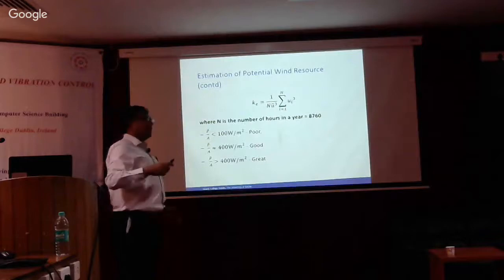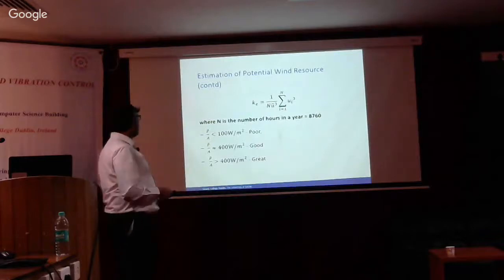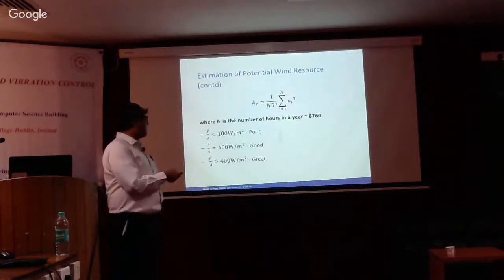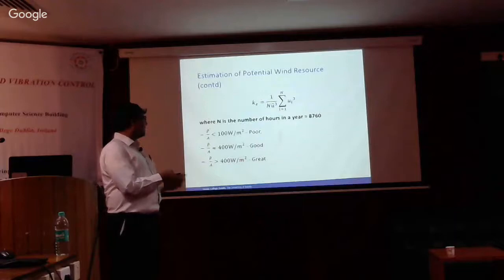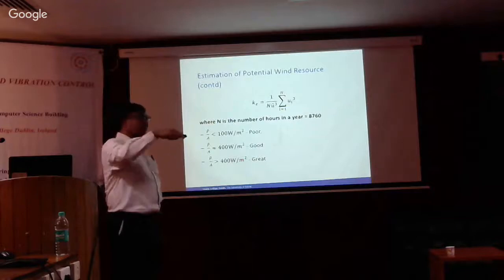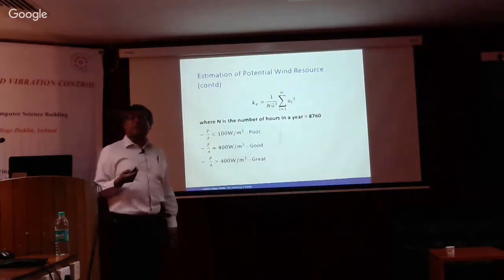And if you have a year's data available to you, hourly average for the year, we know that there's 8,760 hours in a year. So obviously, you have 8,760 data points. And from there, you can calculate the energy pattern and then use that to calculate the average power.